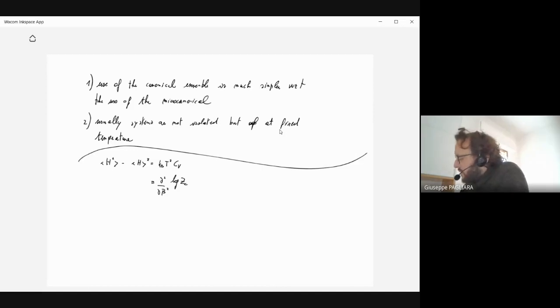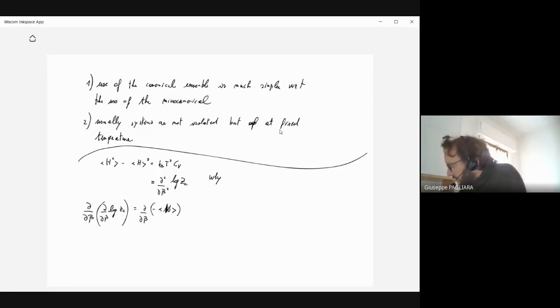Now, why is it so? Let's compute the derivative with respect to beta of the derivative with respect to beta of log Z_C. Now, this is equal to the derivative with respect to beta of minus the u average. Sorry, h averaged. Okay, so this is h averaged.